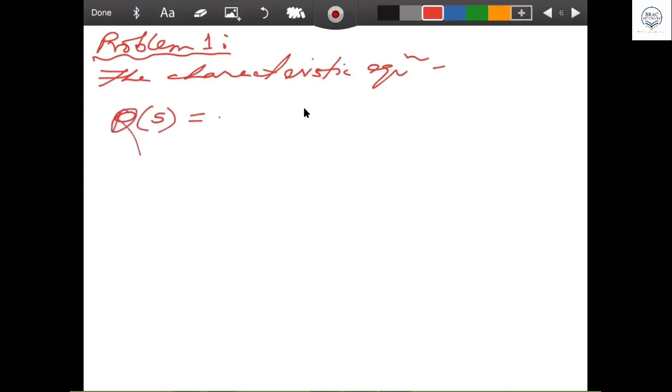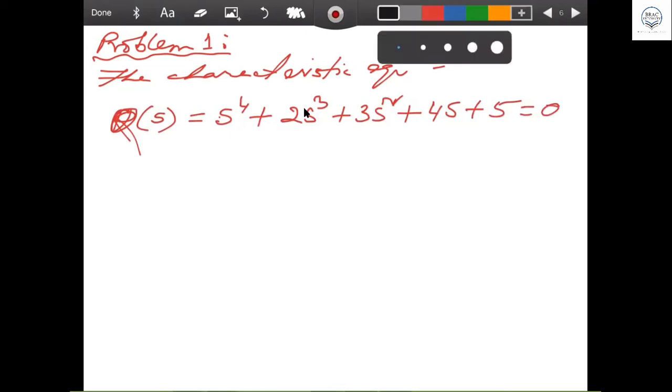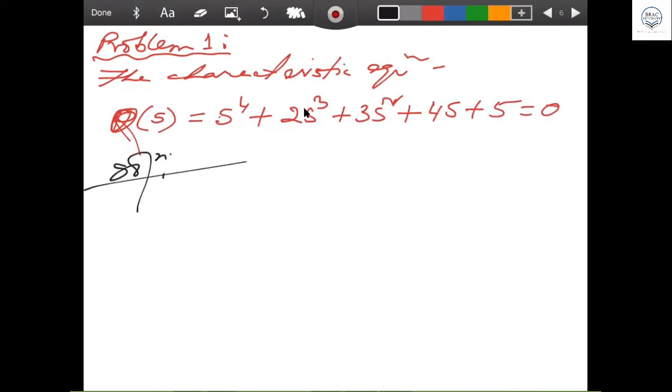Q(S) equal to S to the power 4 plus 2S cube plus 3S square plus 4S plus 5 equal to 0. Now, can you construct the Routhian array for this one first? First job is to find the Routhian array for it.